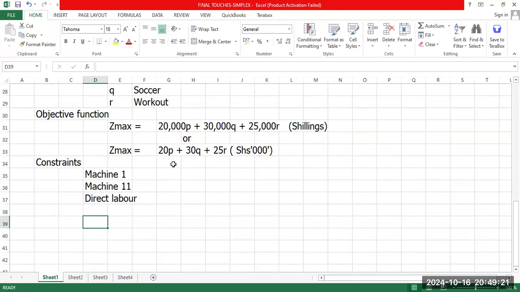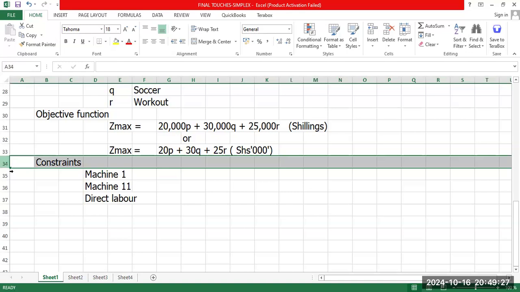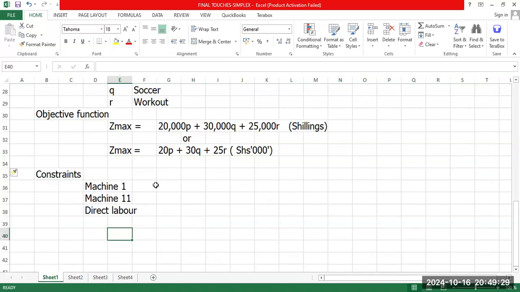But recall that you must be guided by your decision variables. Here, this is your P. I can put here P, Q, and R.